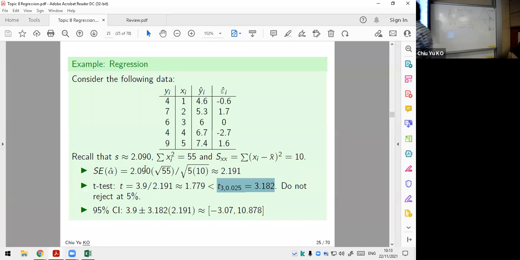And the very last we have is the confidence interval.